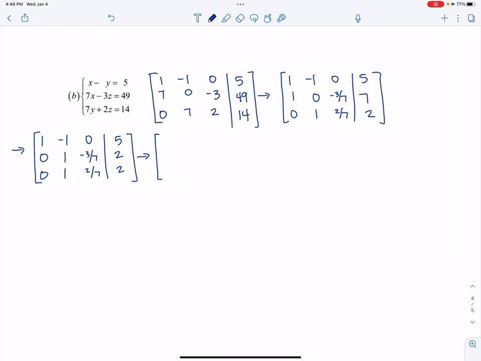Next, let's do a -1 times the third row. Now add it to the second row. So let's actually use the middle row to eliminate the ones above and below it.